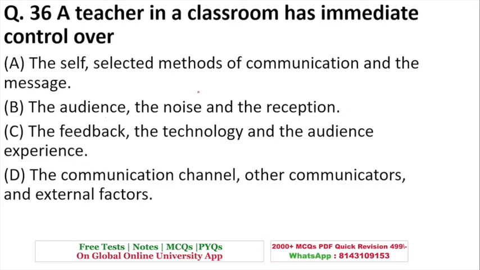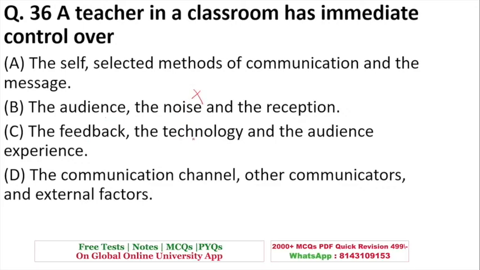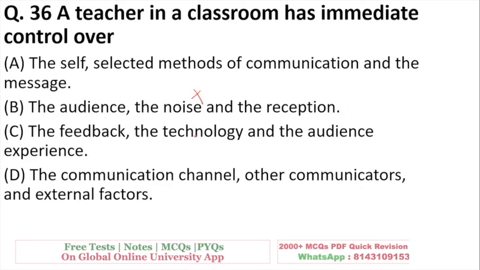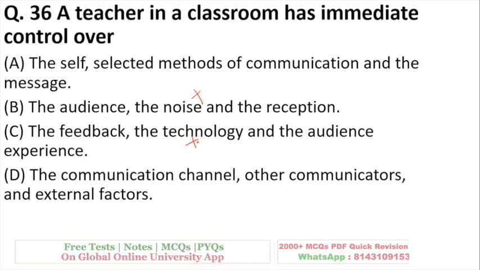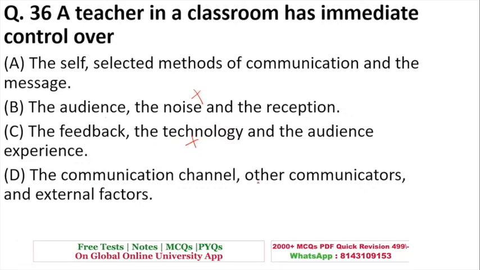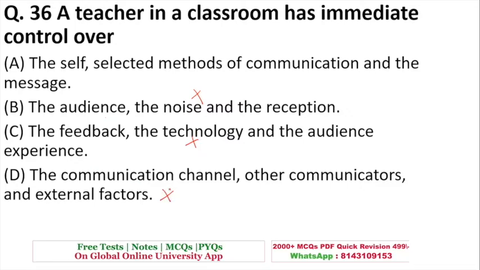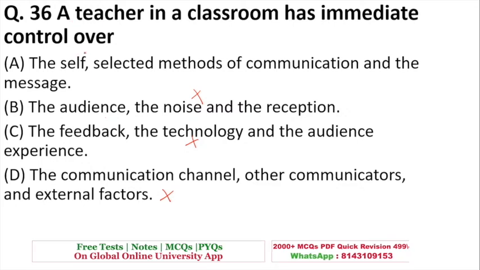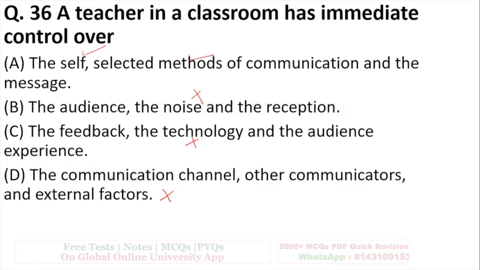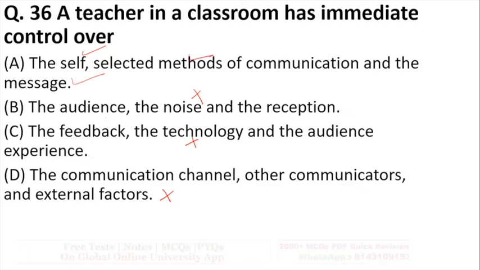So she does not have control over that. Feedback technology: sometimes if she is teaching using some projector and the projector is not working, she does not have control over that also. Communication channel, other communicators and external factors also she will not have control over. So a teacher can have control over herself, methods of communication and what message they are trying to give is the right answer.